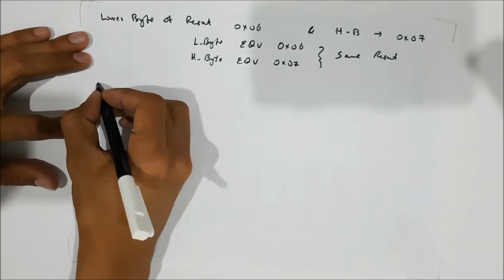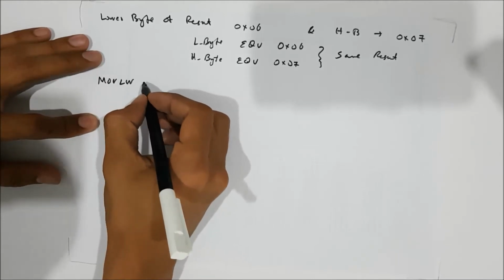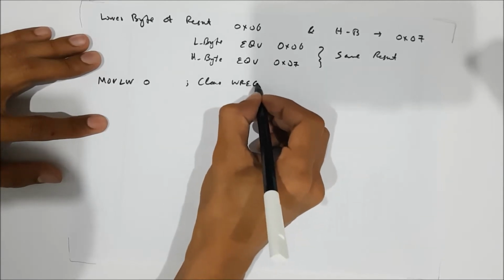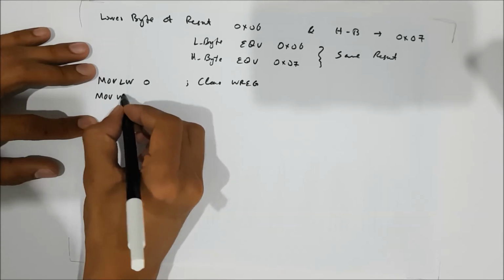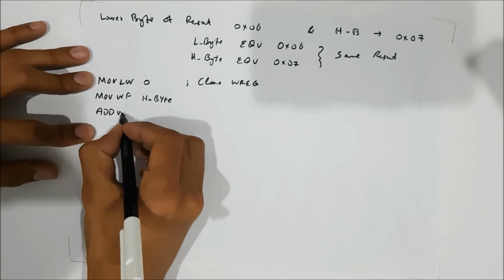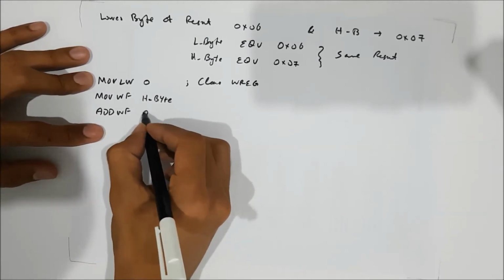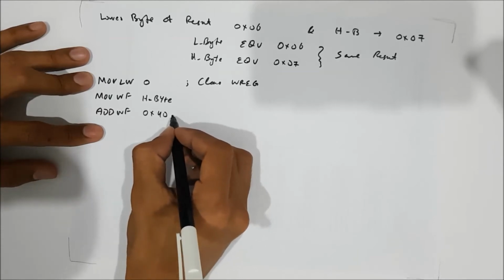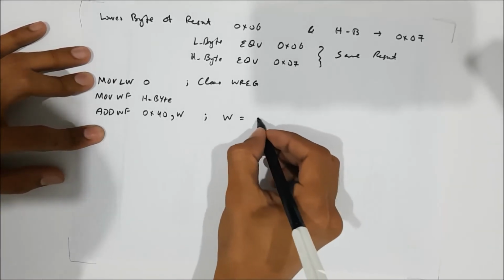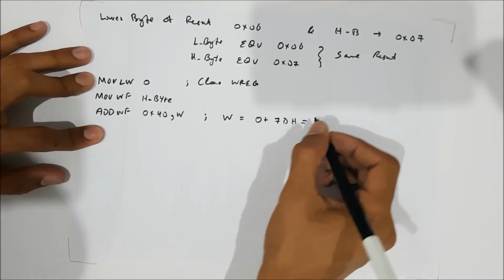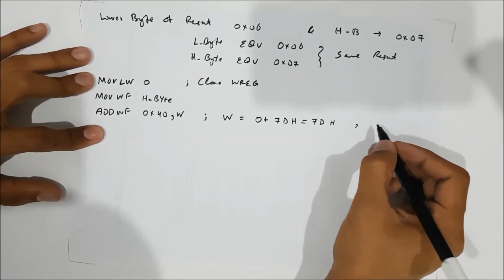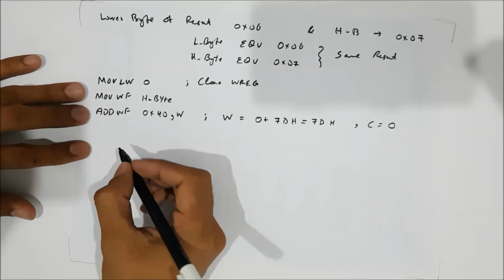What we want to do is movlw 0, just for safety, clear the W register, then movwf H_byte, addwf 0x40, and the result will be saved in W. So what this instruction will do is W is equal to 0 plus 7D hexa, which is 7D hexa, and 7D is less than FF, so carry will be equal to 0 here.